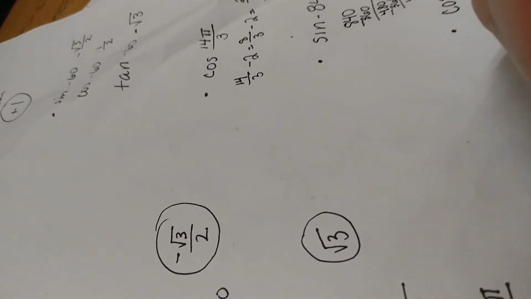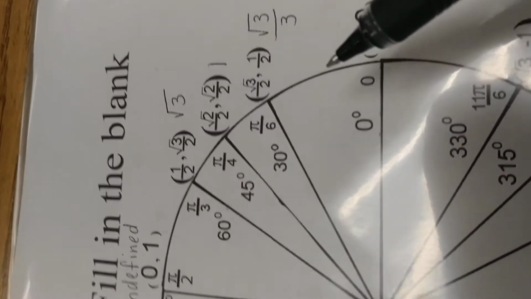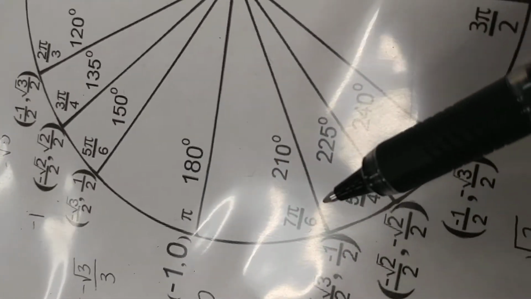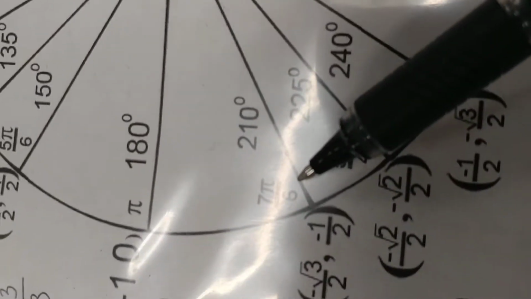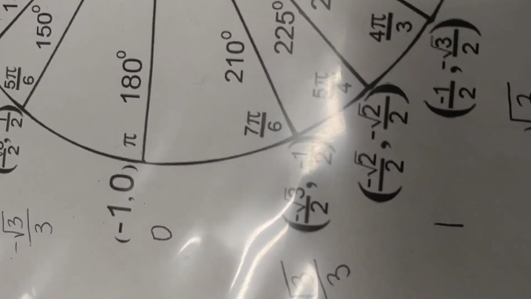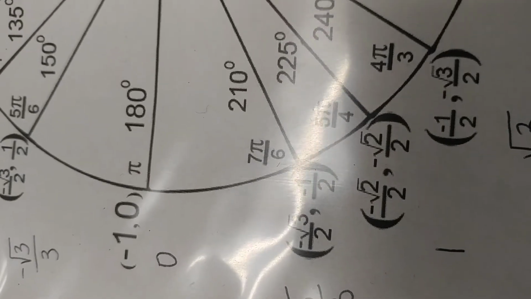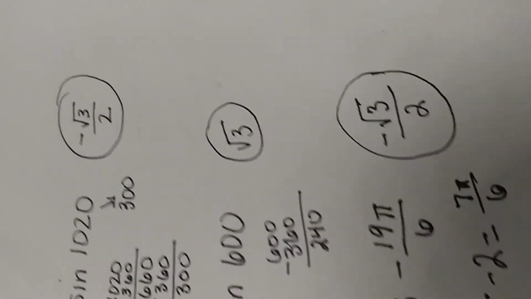And it tells us that 7 over 6, or 7 pi over 6, is what we're looking for. So we're going to look around. There's 7 pi over 6. The cosine, according to our chart, is your first ordered pair: negative square root of 3 over 2. Cosine is not affected by a negative. That's your answer.